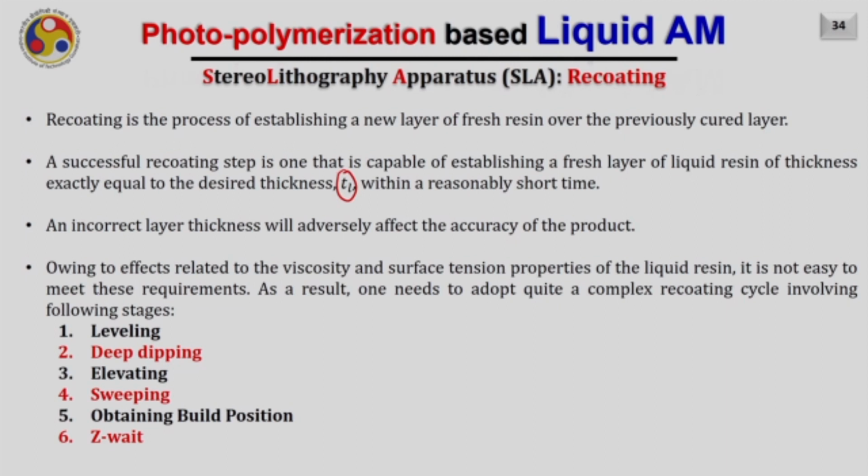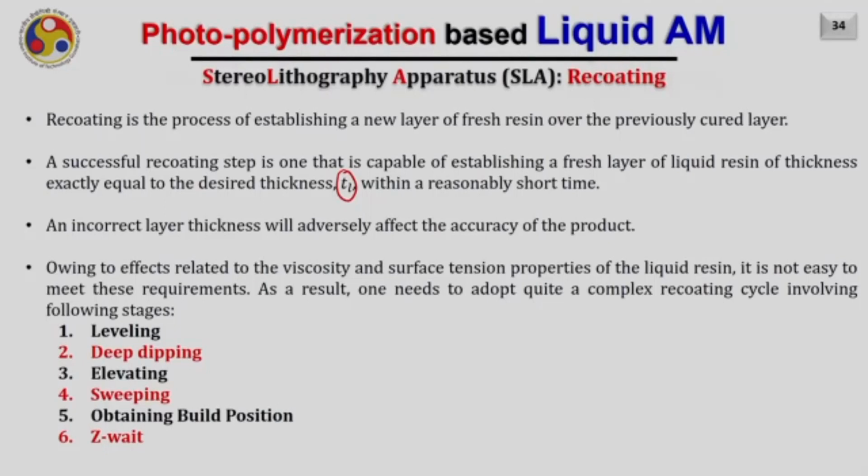Please note that an incorrect spread of the layer thickness will adversely affect the accuracy of the product, and as a result you may not get a very fine object. Due to the finite value of the viscosity and surface tension of the liquid resin, it is very difficult to meet these requirements from a recoating system.